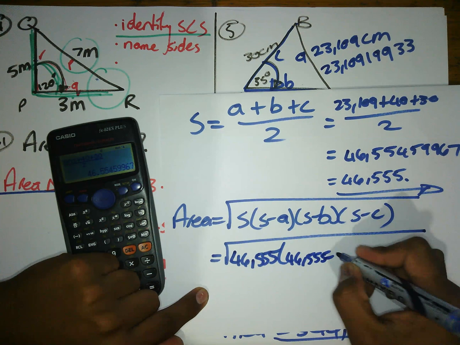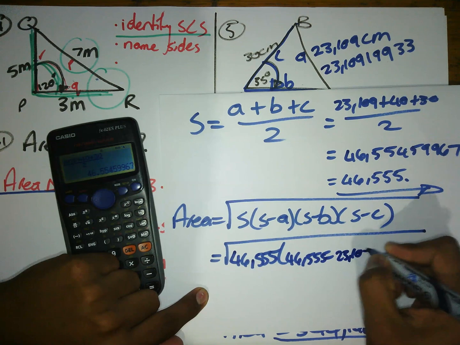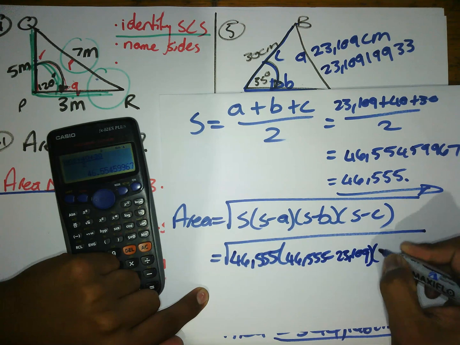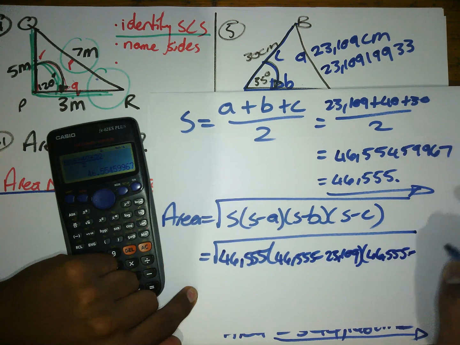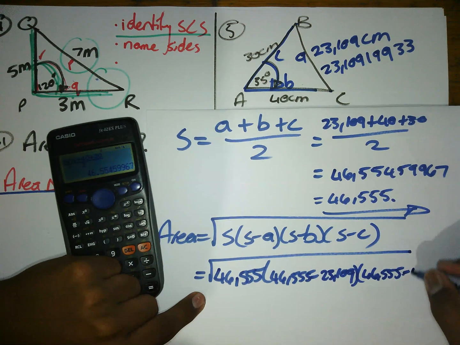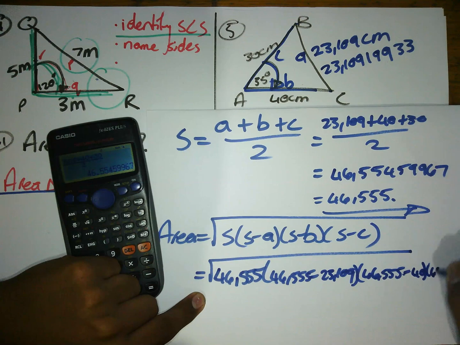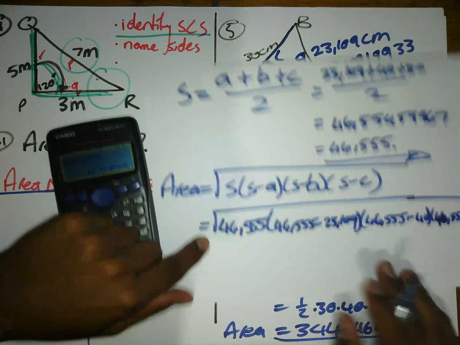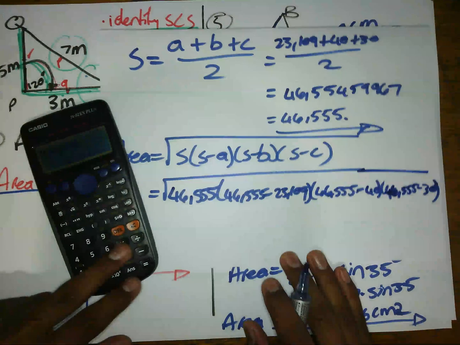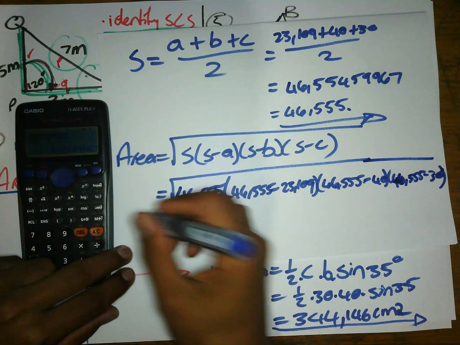A is 23,109, then 46.555 minus b, which is 40, 46.555 minus c, that's 30. Yeah, it's a long mess, but let's see what we get.